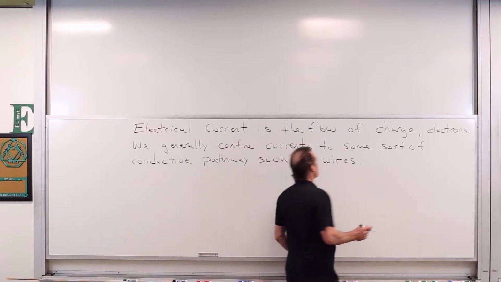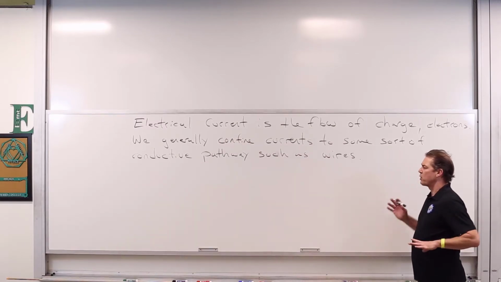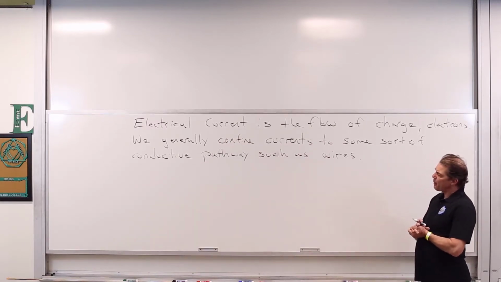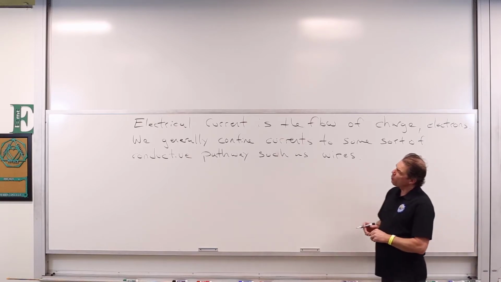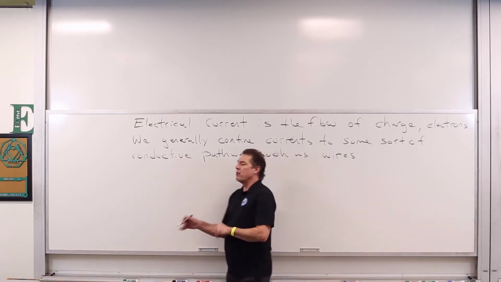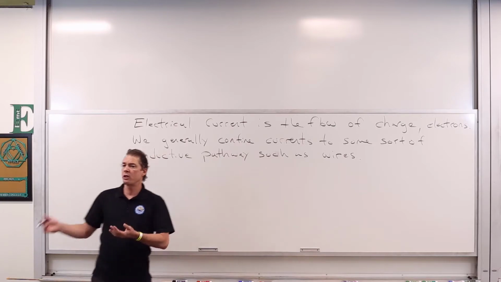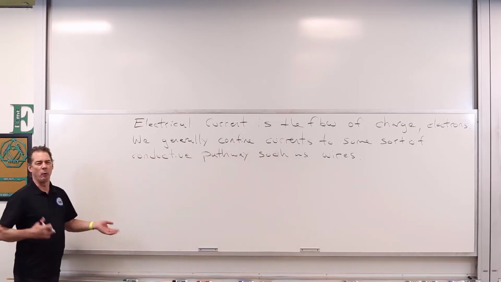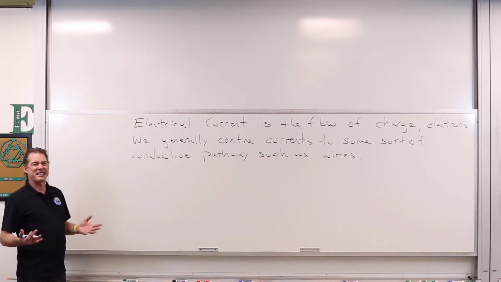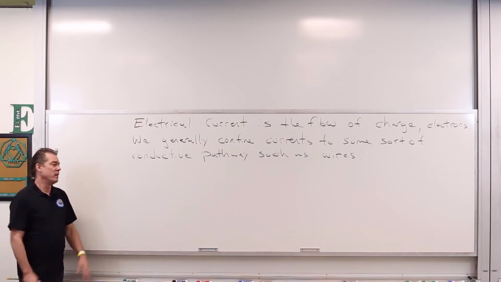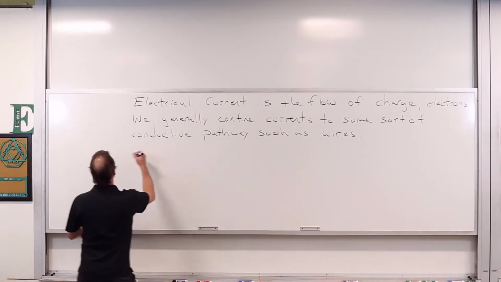So what we want to do is sort of understand what's going on and come up with some sort of general notion of how much current is produced for a given system and what really dictates how much current you get out of something. So let us first define current.